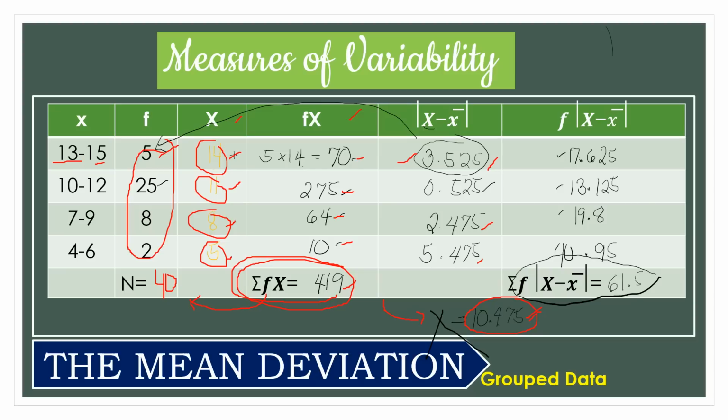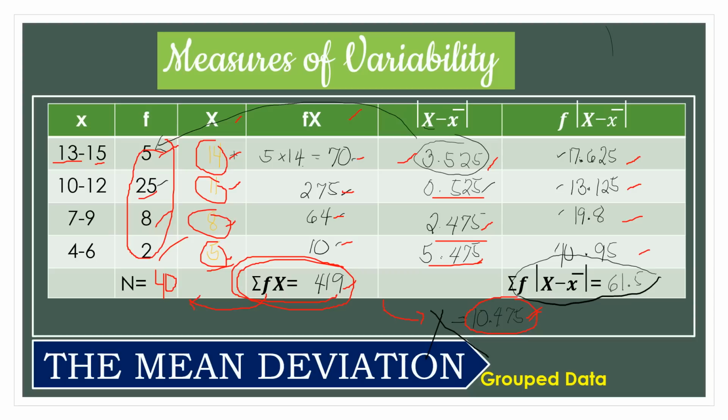5 times 3.525 is 17.625. 25 times 0.525 is equal to 13.125. 8 times 2.475 is 19.8. And 2 times 5.475 is equal to 10.95.